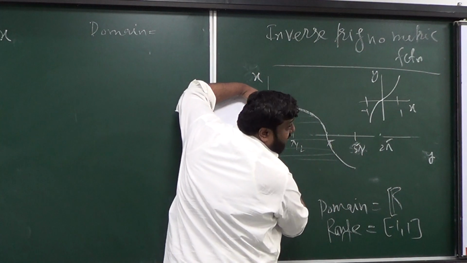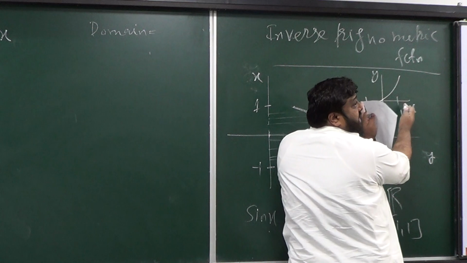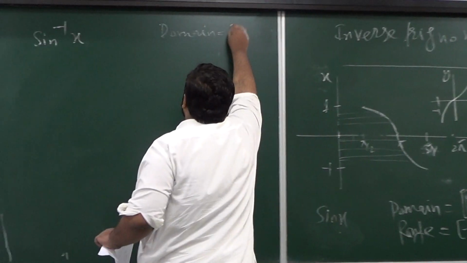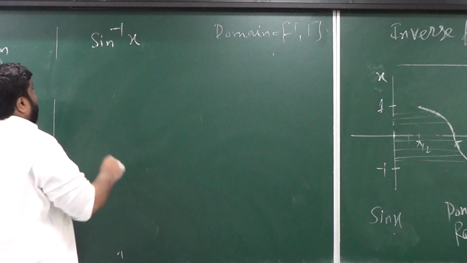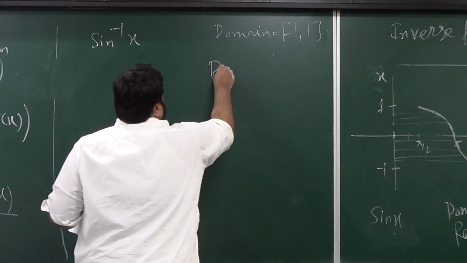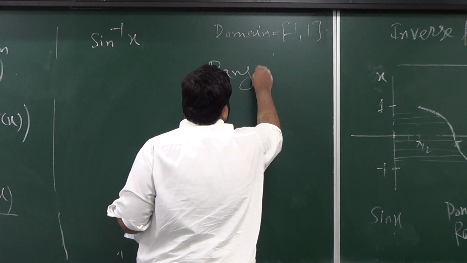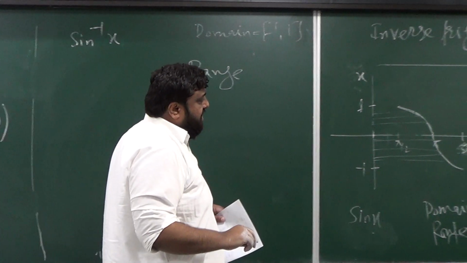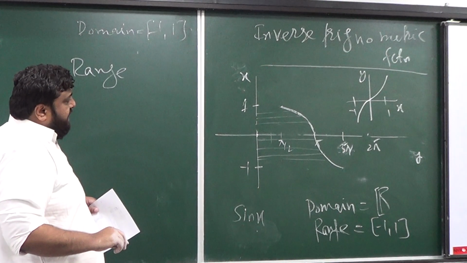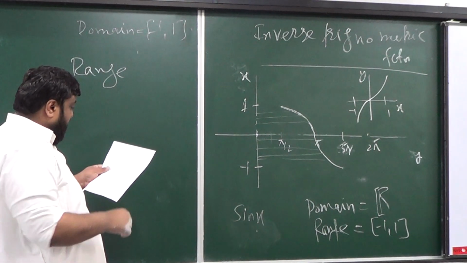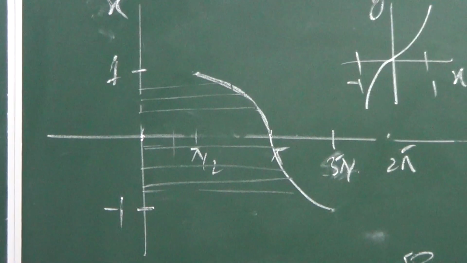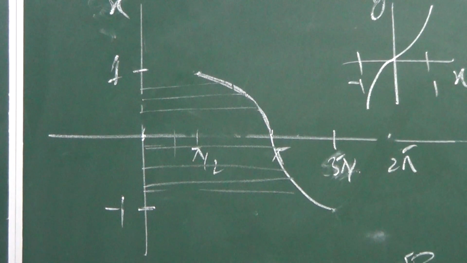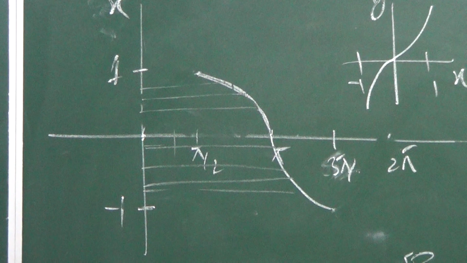So it exists here, between -1 and 1. And the range of this function is really what?